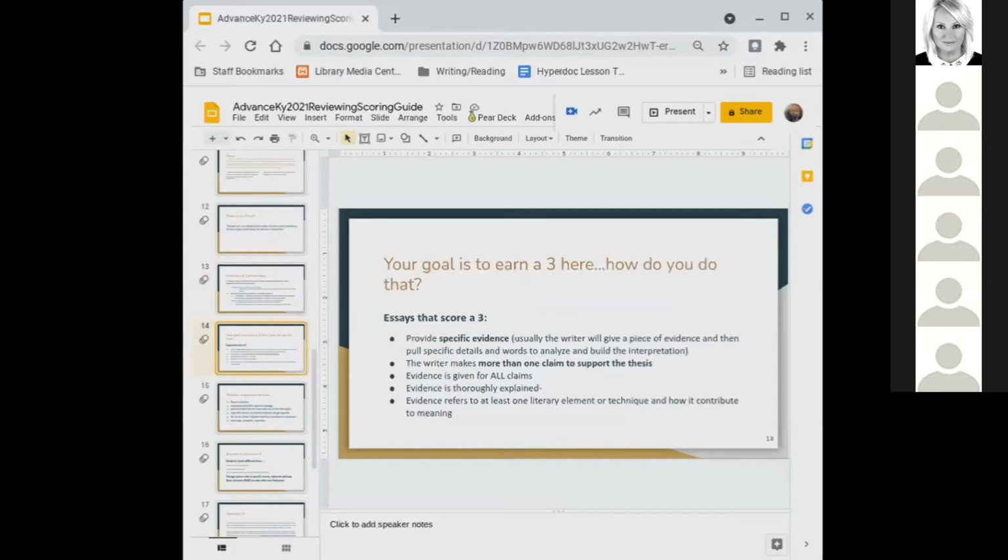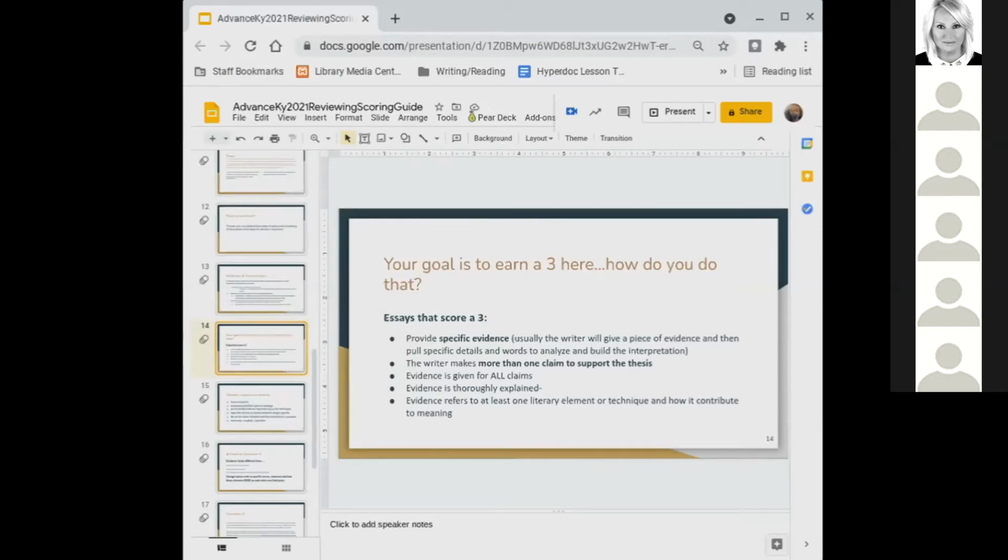Okay. All right, so if your goal is to earn a 3 here, how do you do that? And this is a very simplistic description of how you can get a 3, generally without seeing your specific essay. And again, Matt will go into more detail. All right, so an essay that gets a 3, your evidence is going to be very, very specific.